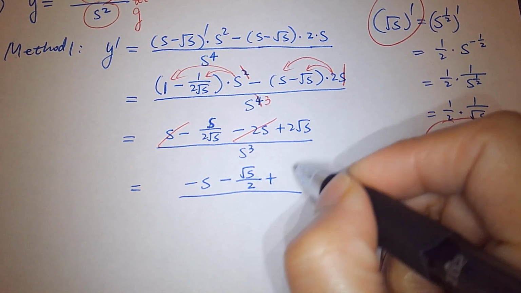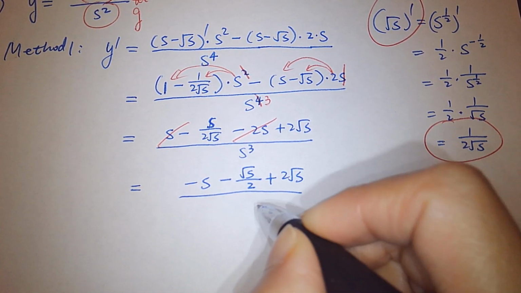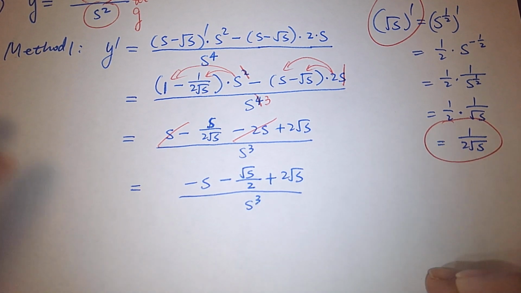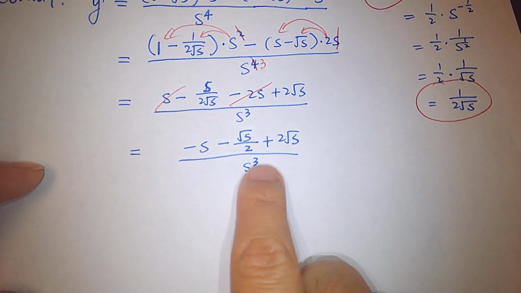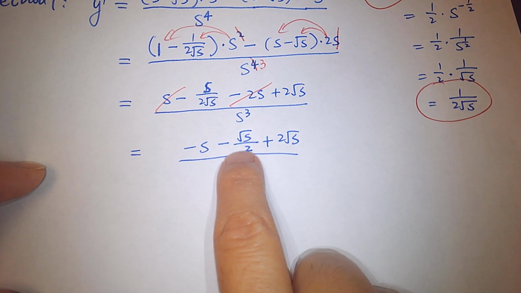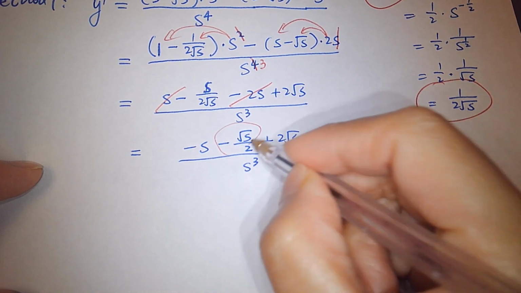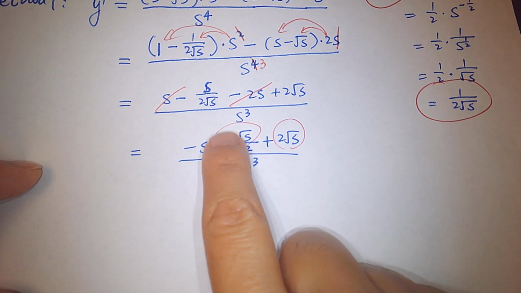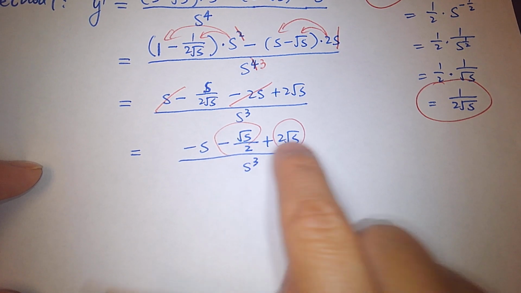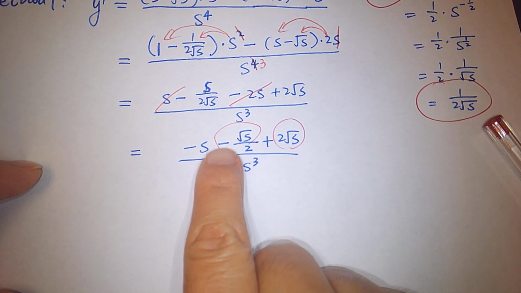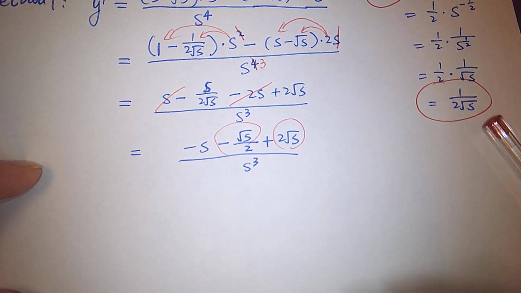And plus 2 times square root of s, divided by s cubed. Do you see any like terms? Are they like terms? Negative 1/2 and 2. So we can combine them: negative 1/2 plus 2 gives us what?